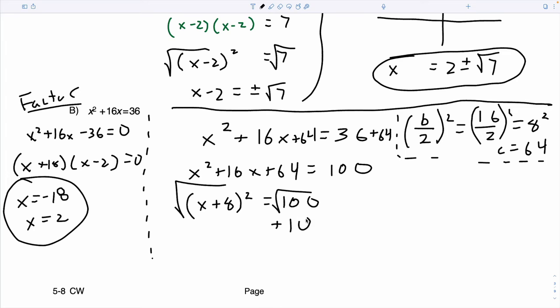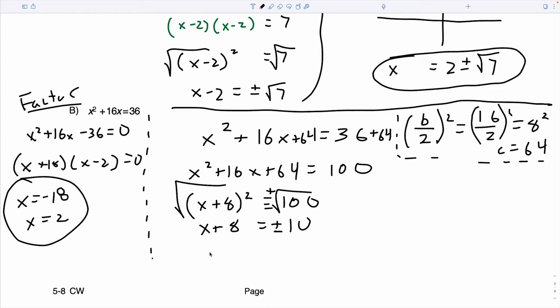Is it just positive 10? When you take the square root, what happens? Plus and a minus. So this is one of the most common blunders of algebra students for completing the square, taking the square root. You have to have both.